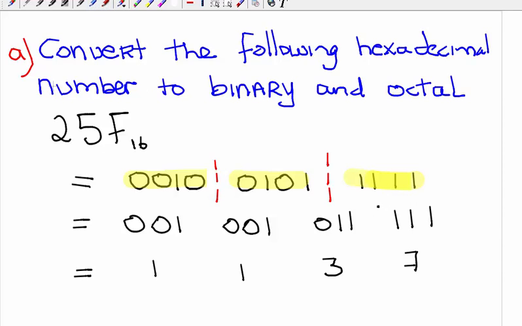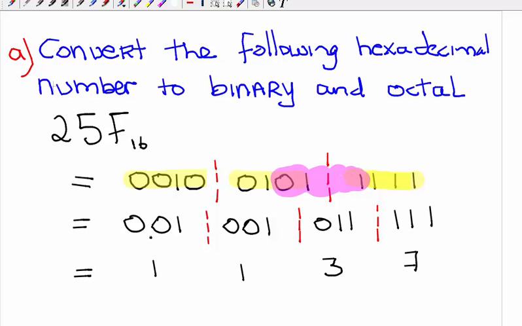So 111 is our first group, then 011 is our second group, then 001 is our next group, and finally 001. Writing out those digits without the partitions or the coloring, that's essentially the binary number here. Now really, what we want is the octal number.